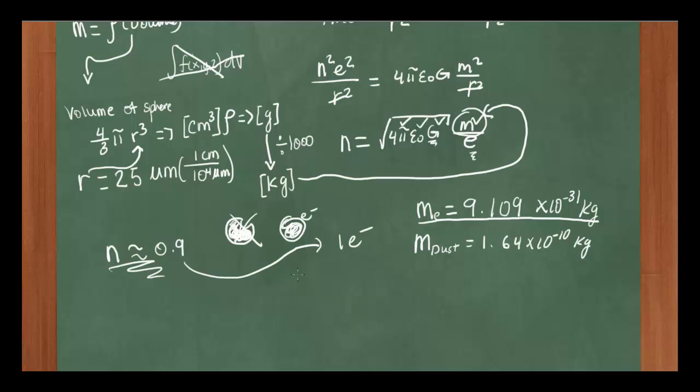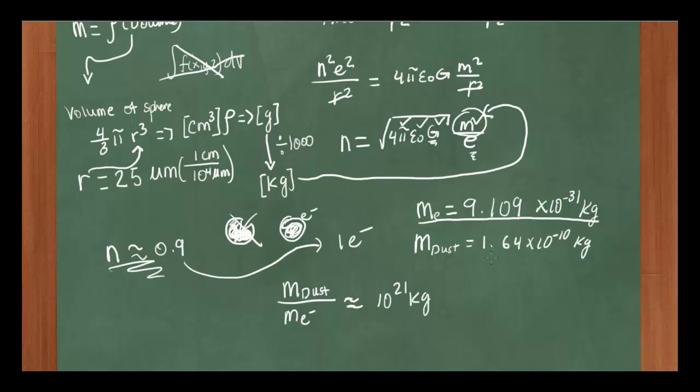So how small is this electron? Let's see how many times smaller the electron is compared to the dust particle. If I write this ratio, the mass of the dust particle divided by the mass of the electron, I get about 10 to the 21.